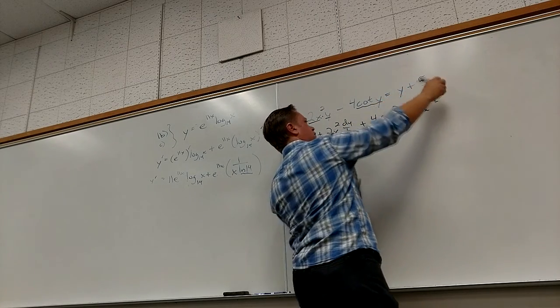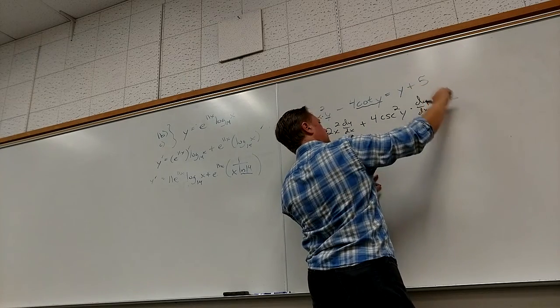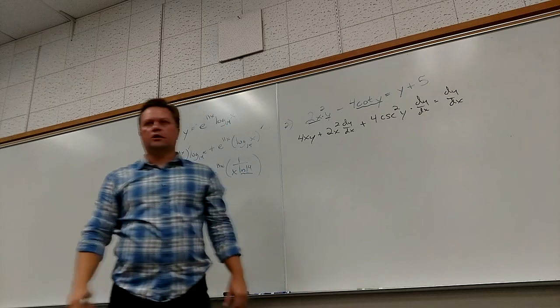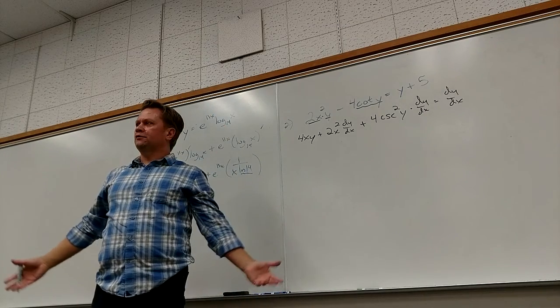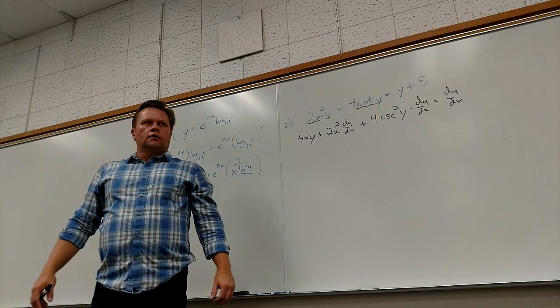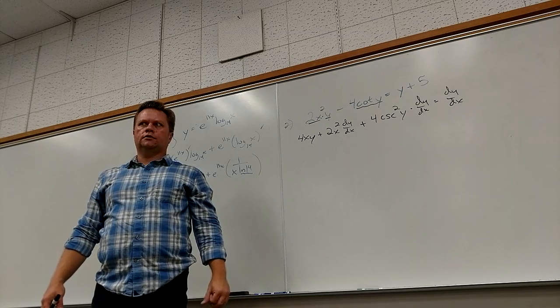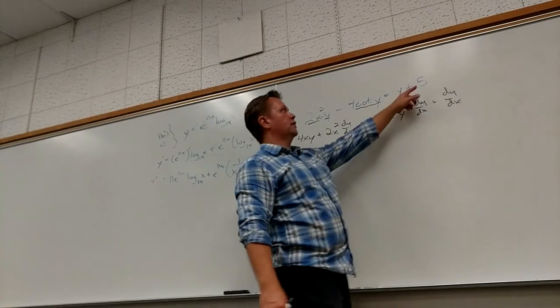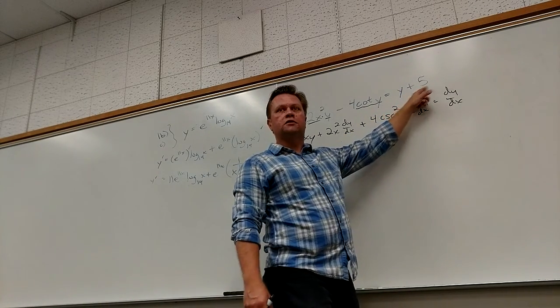And on this side, of course, I just get dy dx plus 5. No. Careful. The 5 dies, of course. Derivative of 5 is 0. I like it. And really, the idea is, if I change x, how much does 5 change? None. That's why its derivative is 0.